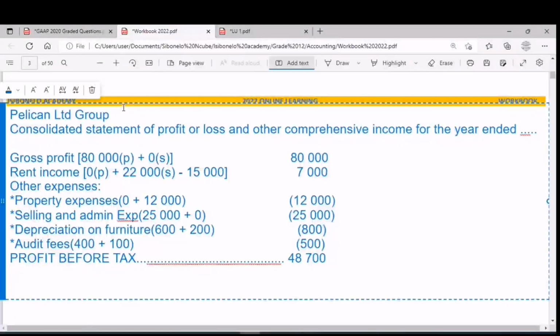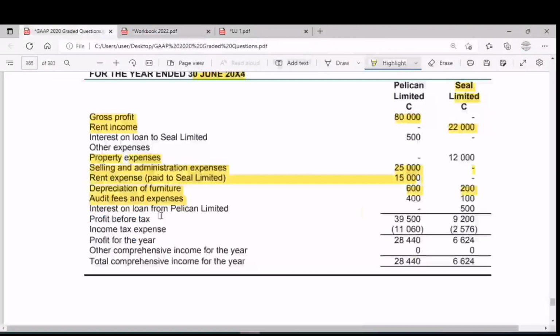Less the income tax expense. So income tax expense. So now lana ma expense available calculated for individual companies. So 11,060 for parent and subsidiary 25,76.